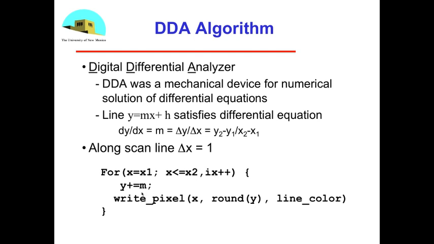We increase y by m each time. Now this is a float, while these guys could be integers, and then I have one simple function that writes a pixel, or in the case of the pipeline, it creates a fragment with the coordinates x and the rounded y, so I get the nearest integer value, and then I send out whatever the line color is, or leave that up to the fragment shader.